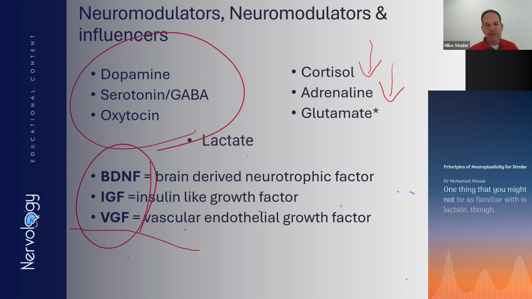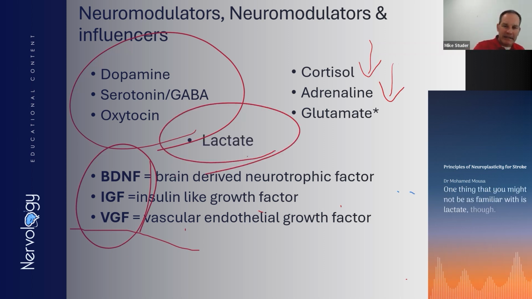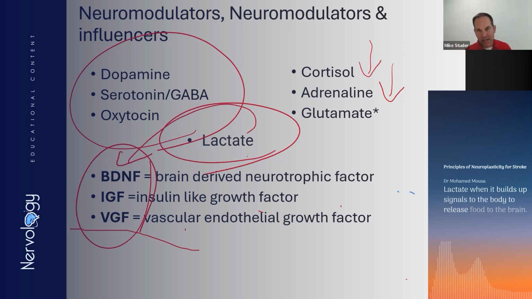One thing that you might not be as familiar with is lactate, though. So exerting against resistance or exerting so high aerobically that you cannot deliver oxygen fast enough to burn energy causes us to produce lactate. Lactate, when it builds up, signals to the body to release food to the brain.